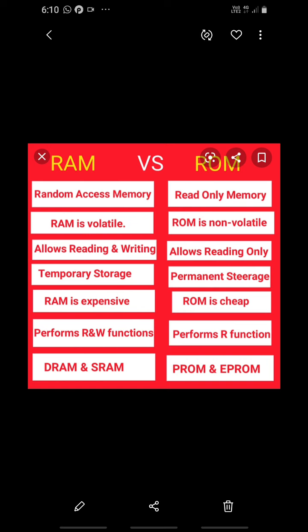ROM is permanent storage. RAM is expensive, ROM is cheap.